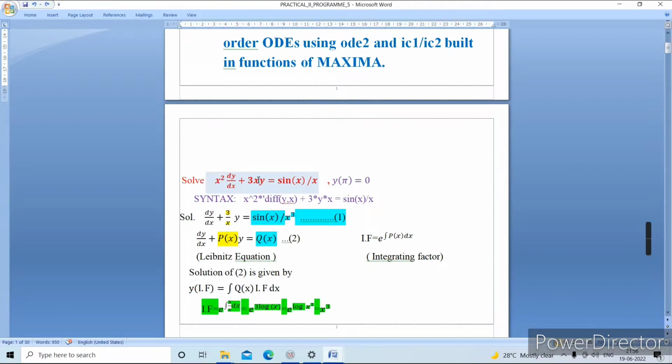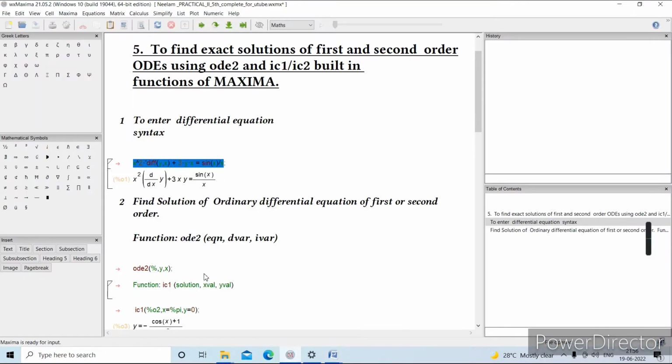So x is your independent variable and y depends upon x. First you will enter this differential equation in Maxima software, and the syntax for dy by dx is this symbol, the quote, then diff of y comma x. So I am copying this and taking it to the Maxima software.